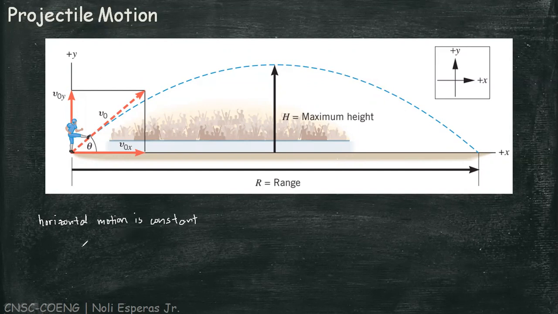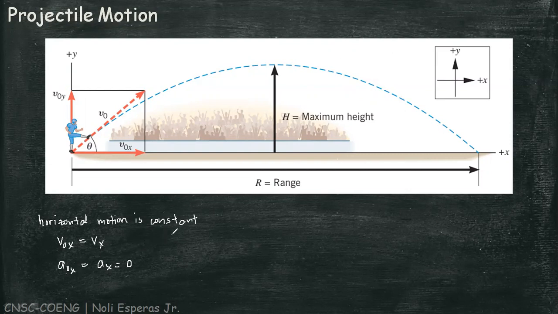So there is no opposing force in the x direction, meaning that v naught x is equal to the final velocity x component. Also, the meaning of this is that the x component of the acceleration is equal to 0.